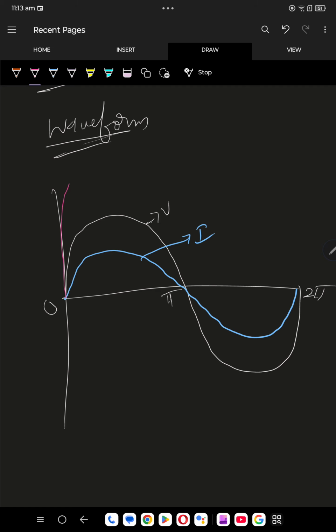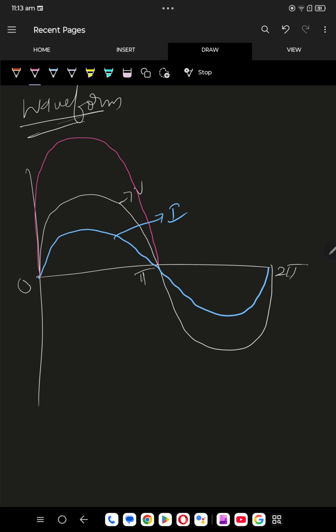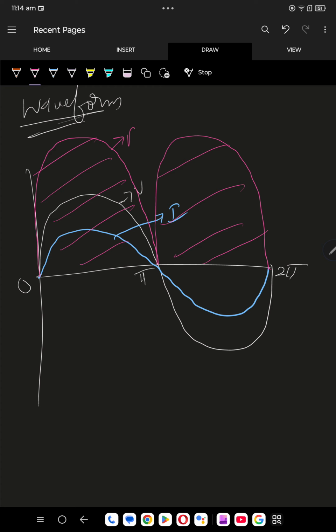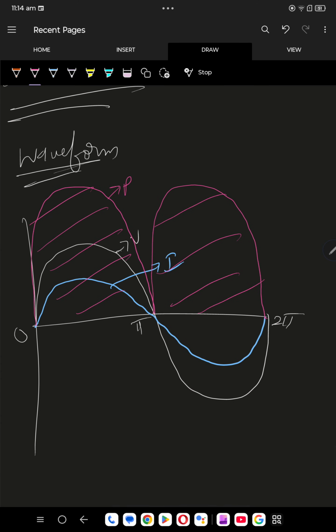So power will be positive, because P equals V into I, right? And again negative into negative is also positive. So this is power, and the axis is omega t.